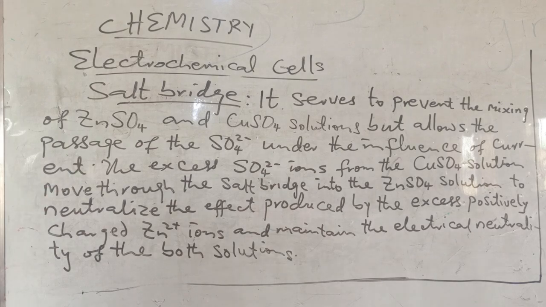The excess SO4 2 minus ions from the CuSO4 solution move through the salt bridge into the zinc tetraoxosulfate 6 solution to neutralize the effect produced by the excess positively charged zinc ions and maintain the electrical neutrality of both solutions.